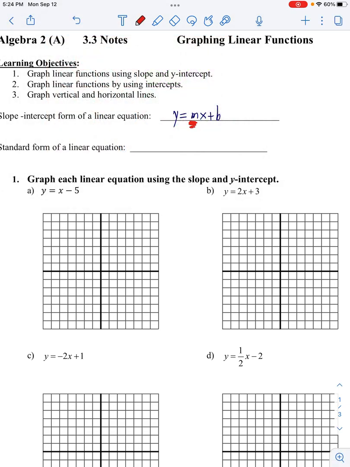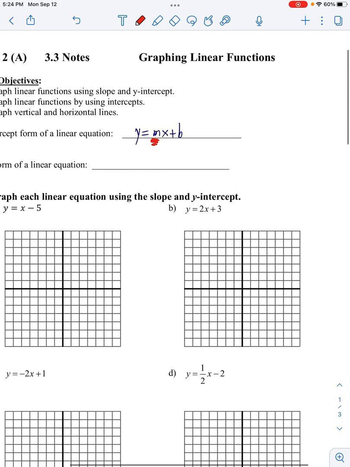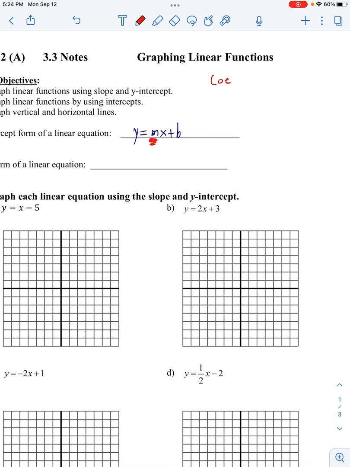That little m is the number that's next to x, the coefficient of x. When our line is in slope-intercept form, the coefficient of x is the slope of the line.